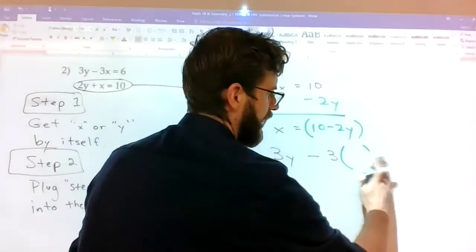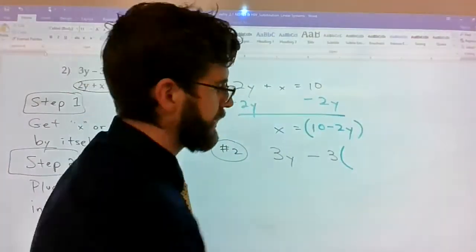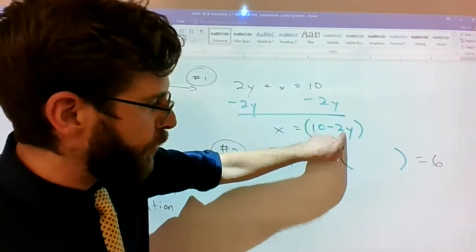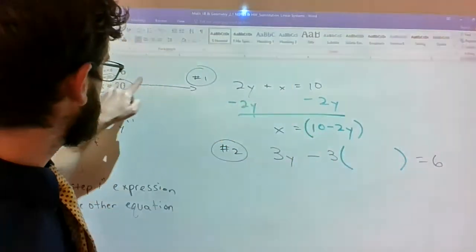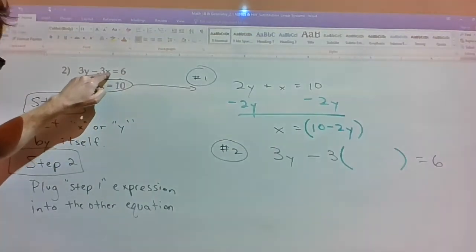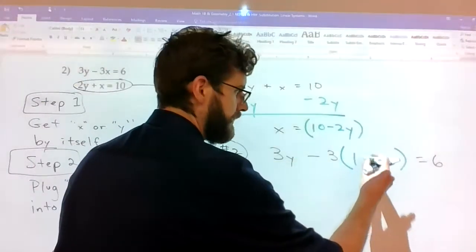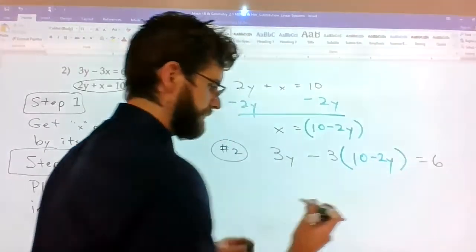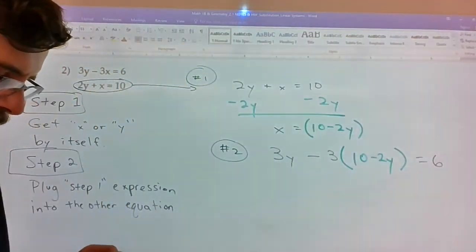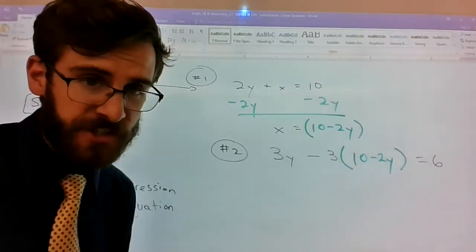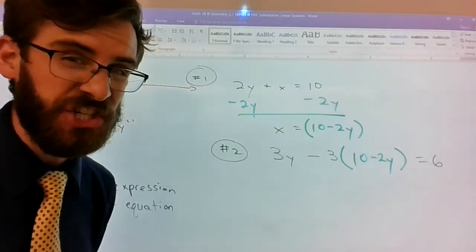So I'm going to give myself a little more room here. 10 minus 2y can replace the x that was being multiplied by 3 here. That used to be an x. Now it's a 10 minus 2y. All right, if you know how to solve equations, this is your chance to shine.